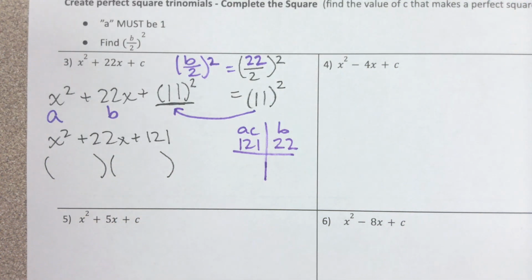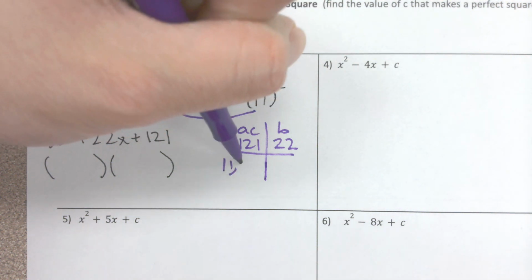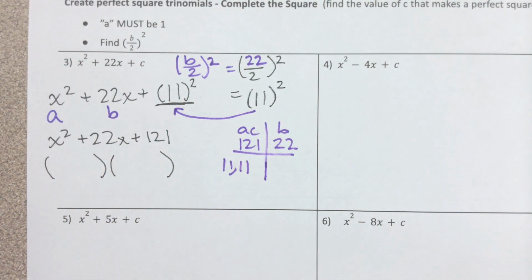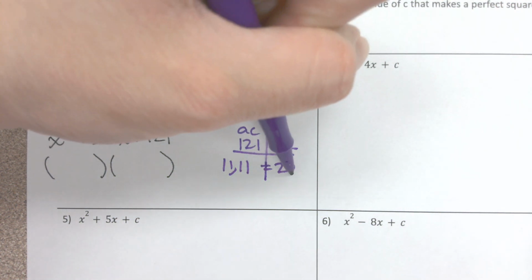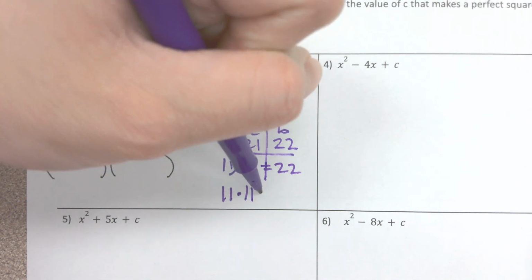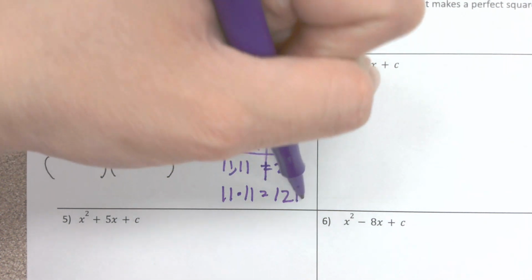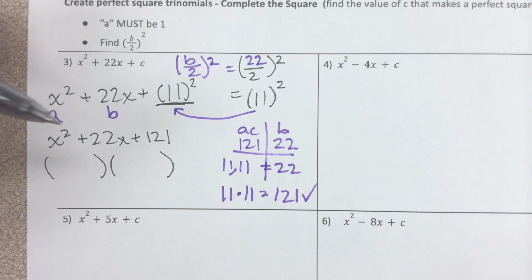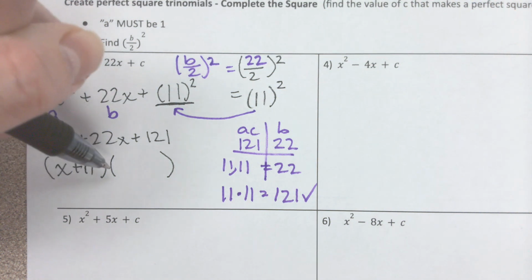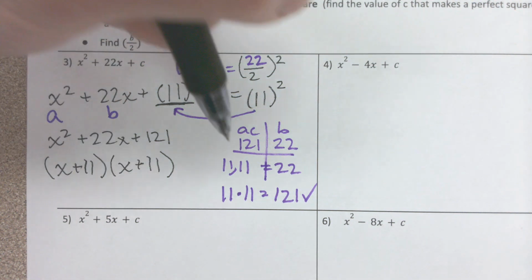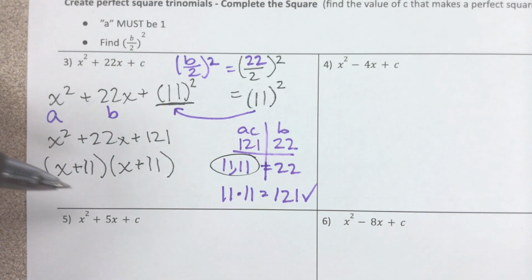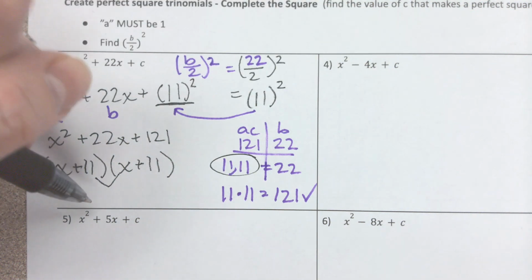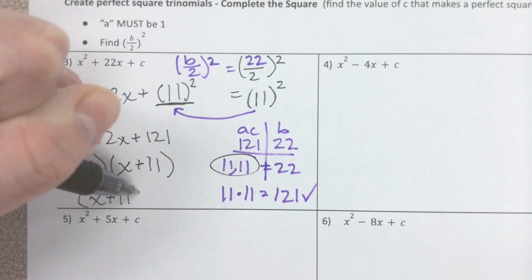Now, if you don't already see it, the numbers are 11 and 11. 11 times 11 is 121. And 11 plus 11 is 22. So we get x plus 11 times x plus 11. And then as we did above, we can write this as just x plus 11 squared.